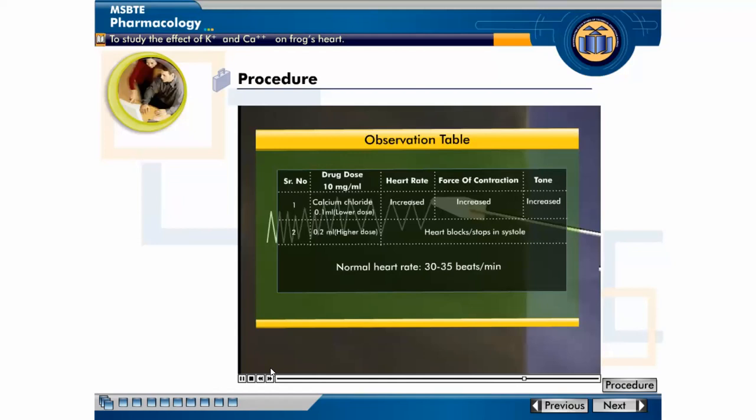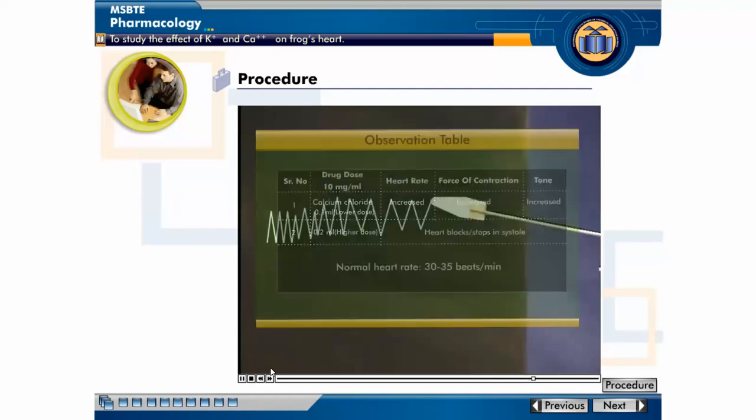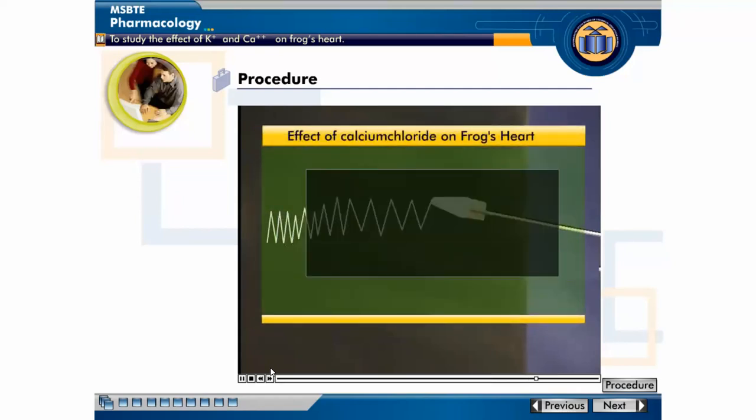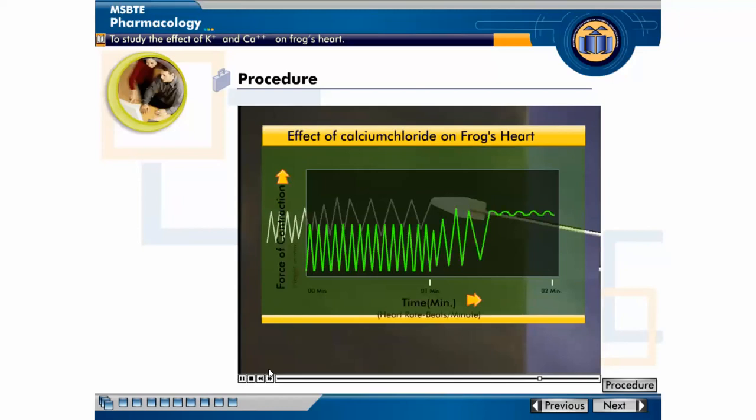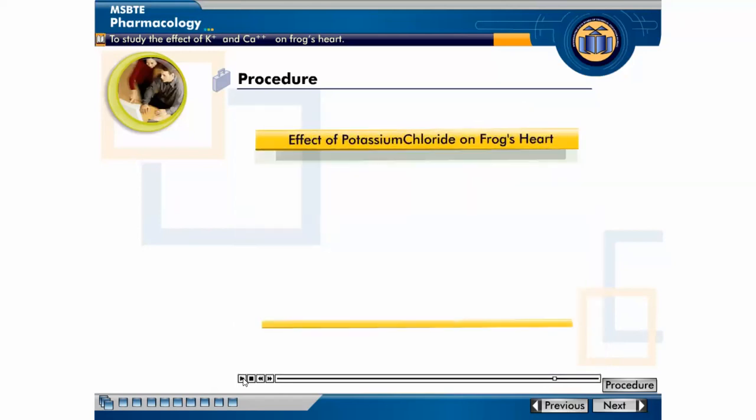From these recordings, we can observe that with the increasing concentration of calcium chloride, heart contracts more vigorously and finally heart stops in systole.